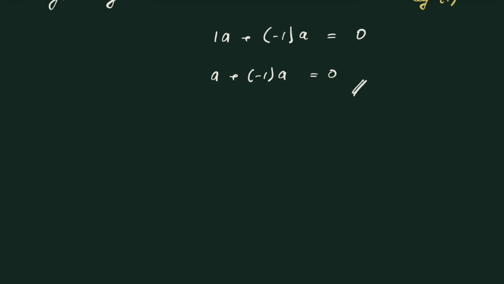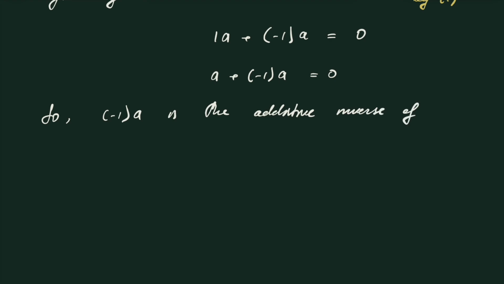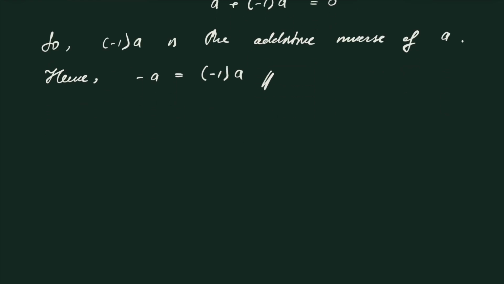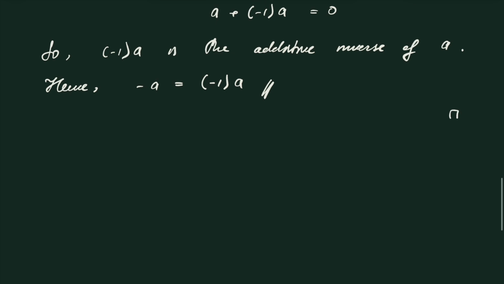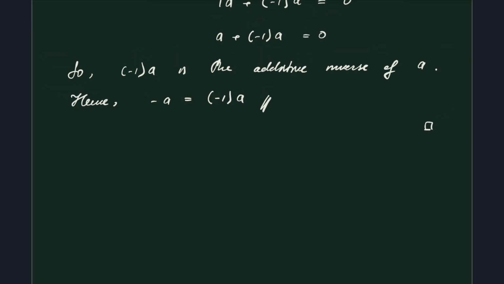Now once we have this, we are done, because let me write this. Minus 1 times A is the additive inverse of A, hence minus A is equal to minus 1 times A, and this is the end. This is the end of the proof of the whole proposition.